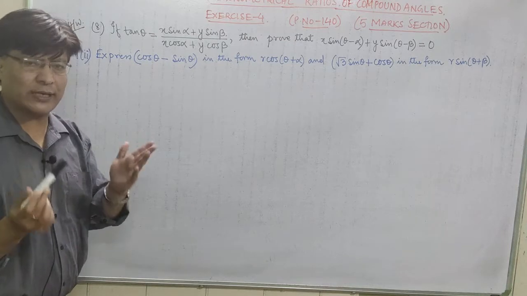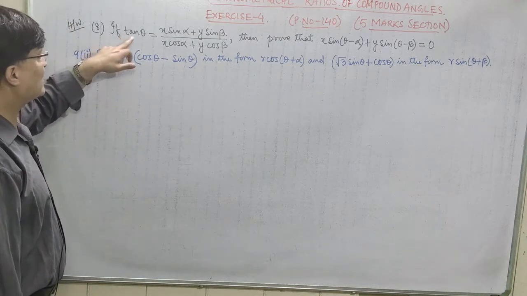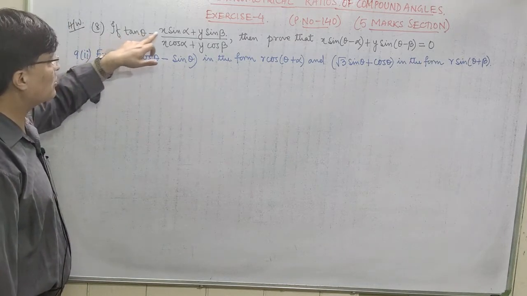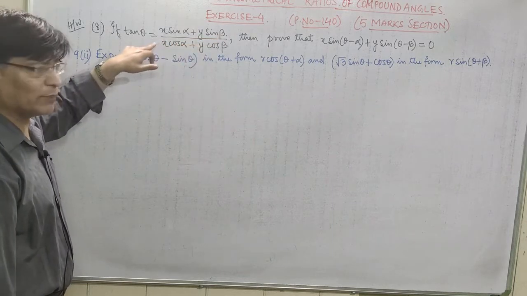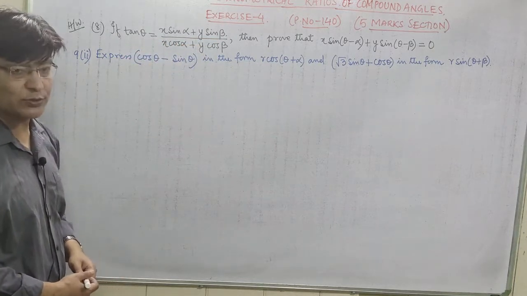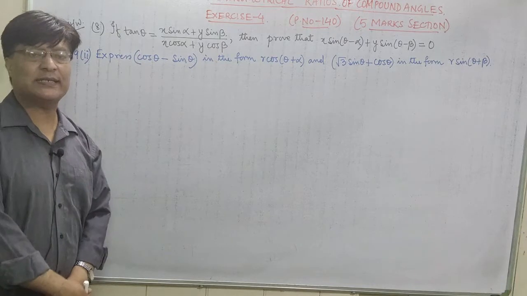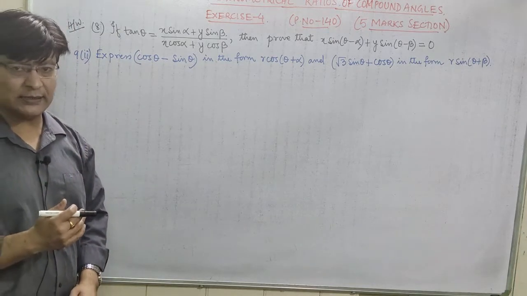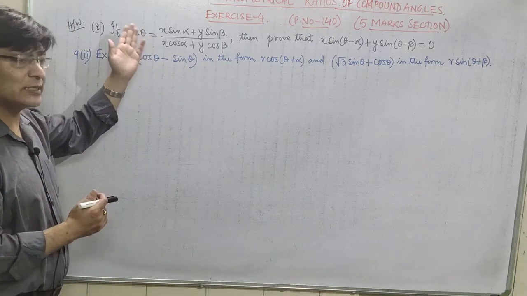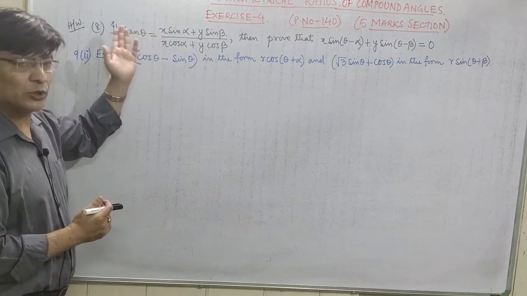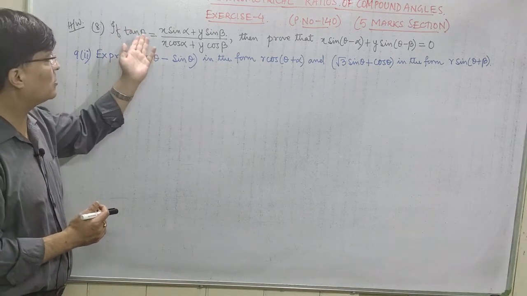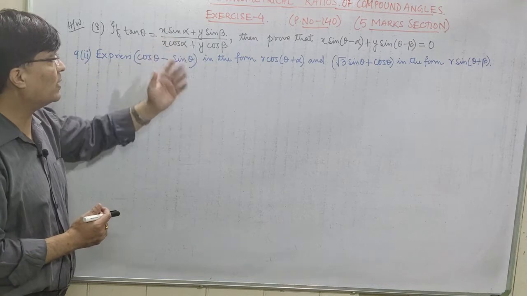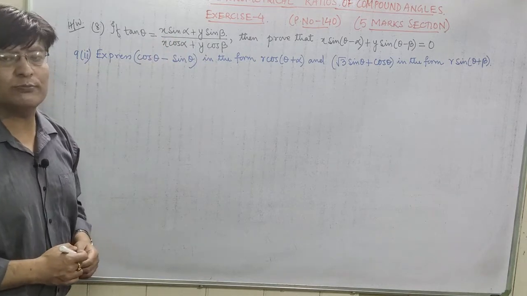So how can you prove it here? I'll give you the hints only. You can do it at home. It is given tan theta is equal to x sine alpha plus y sine beta divided by x cos alpha plus y cos beta. So you can write tan theta as sine theta by cos theta, equal to x sine alpha plus y sine beta divided by x cos alpha plus y cos beta.